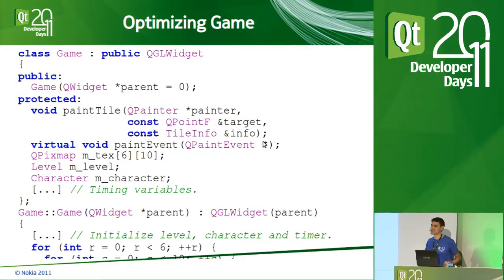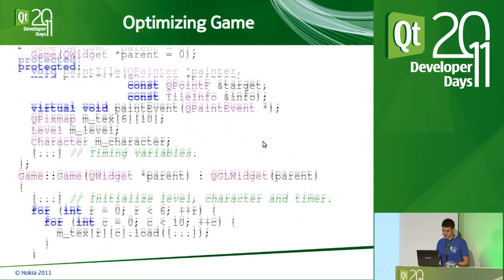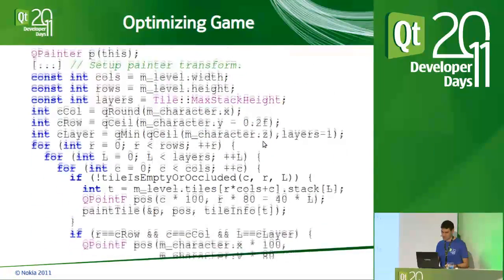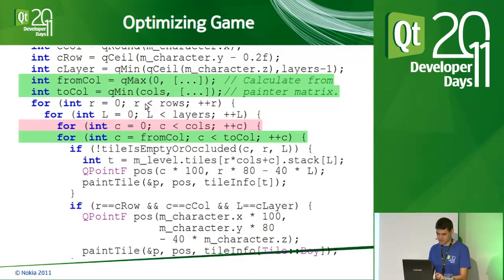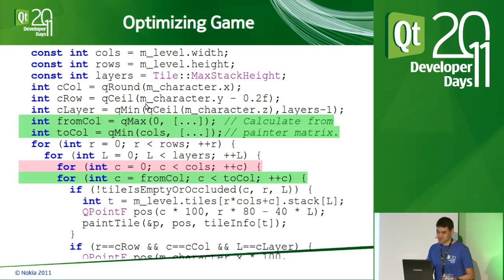So who has more ideas? No more ideas? There are a few more things that can be done. For instance, does it make sense to iterate over every tile in the level? I don't think so. We can calculate the leftmost column and the rightmost column and just render those.